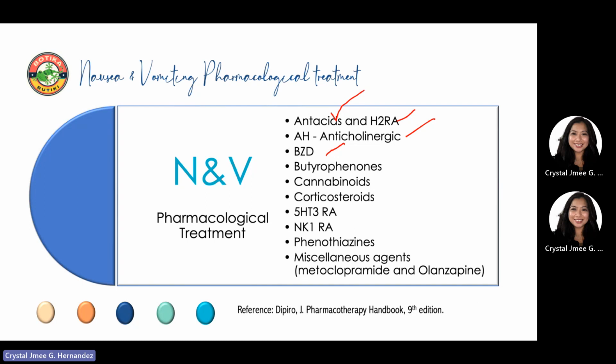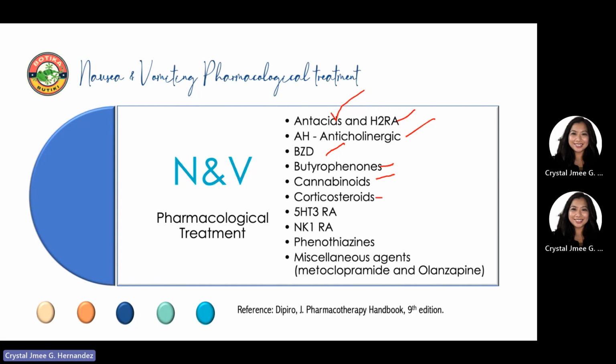So commonly, we use alprazolam and lorazepam as adjuncts to other antiemetics. And then we also have butyrophenones and cannabinoids in the form of dronabinol. Although these are more for refractory CINV, they are not noted as first-line agents.